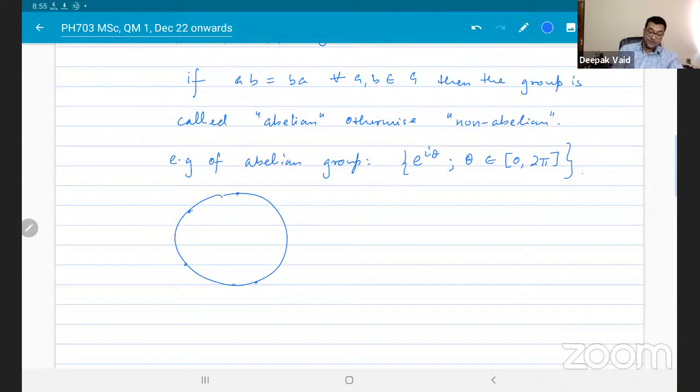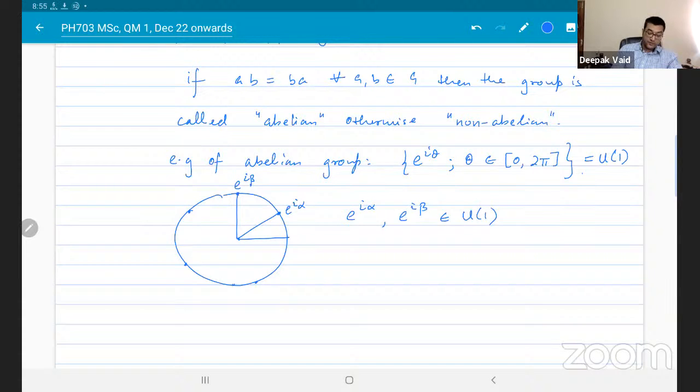Now we'll call this group U1. So if I take two elements of U1, e to the i alpha and e to the i beta, they are both elements of U1. So let's say this is e to the i alpha and this is e to the i beta.